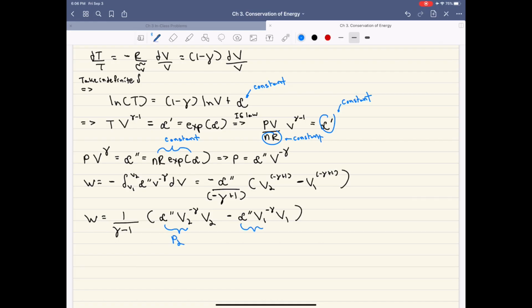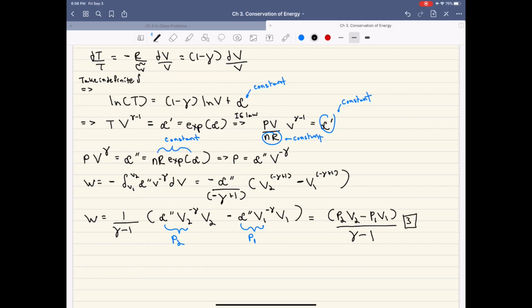And this segment right here is just equal to P1. And so for our work, what we get in the end is just P2 V2 minus P1 V1 over gamma minus 1. Okay?